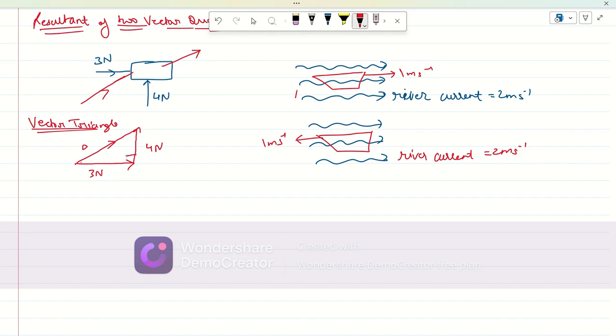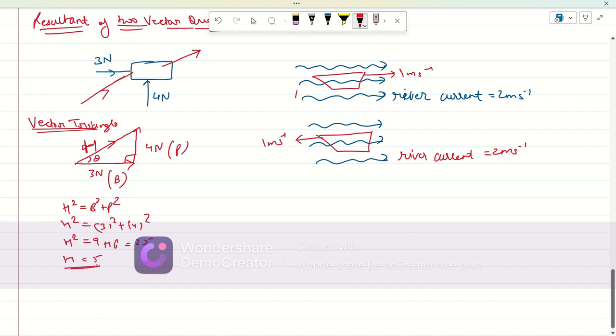This is a right angle triangle. Taking this angle as theta, this acts as the base, this acts as the perpendicular, and this is the hypotenuse. Hypotenuse squared is equal to b squared plus p squared. So h squared is equal to 3 squared plus 4 squared, which is 9 plus 16, that is 25. H comes out to be 5. This means the resultant force acting here is 5 Newton. This is the magnitude.